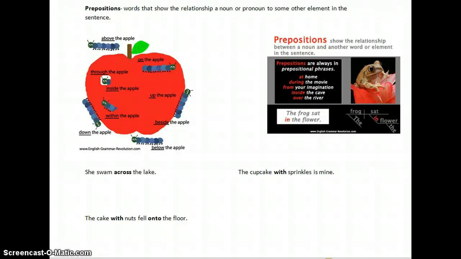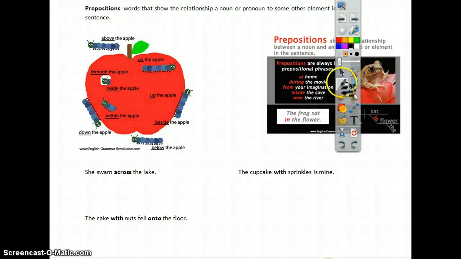At home, during the movie, from your imagination, inside the cave, and over the river. Hopefully you realize that the red words, at, during, from, inside, over, they're those relationship words. They're showing us the relationship in space or time in some way, just like the relationship words of the caterpillar and the apple. Okay? Hopefully you can see the objects of each of those prepositional phrases in white.